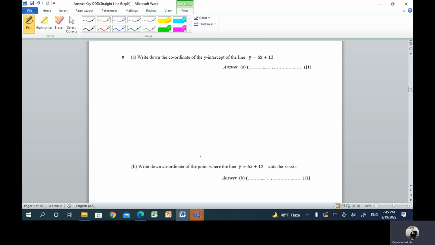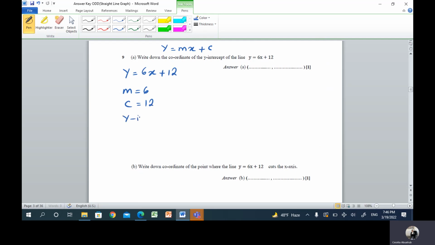Okay, next. Write down the coordinate of the y-intercept of this line. They gave us the equation of the line, y equals 6x plus 12. It's perfect because it is written as y is equal to mx plus c. So here m is equal to 6, c is equal to 12.